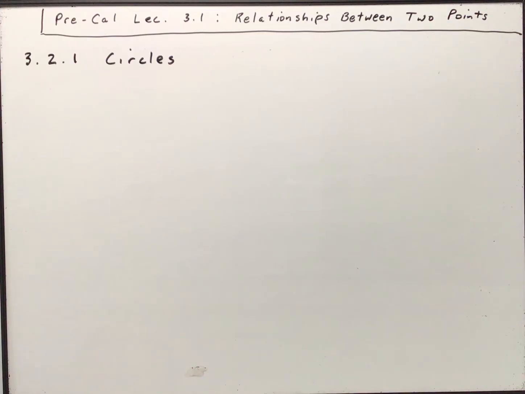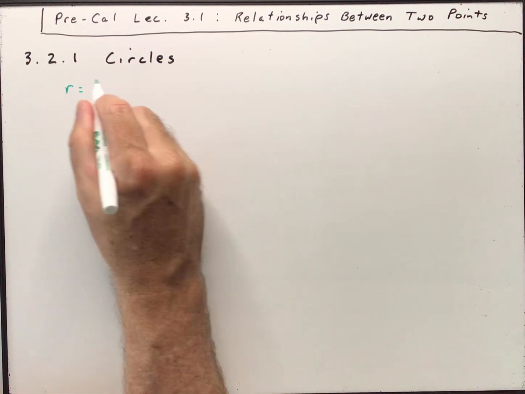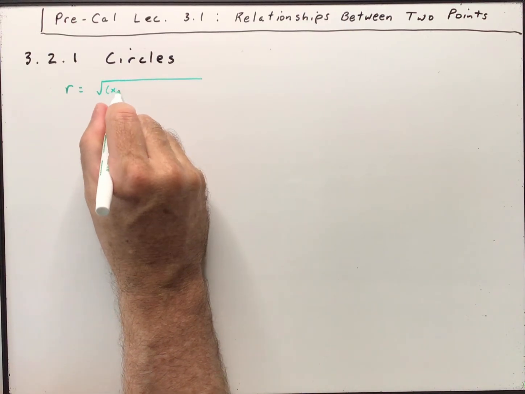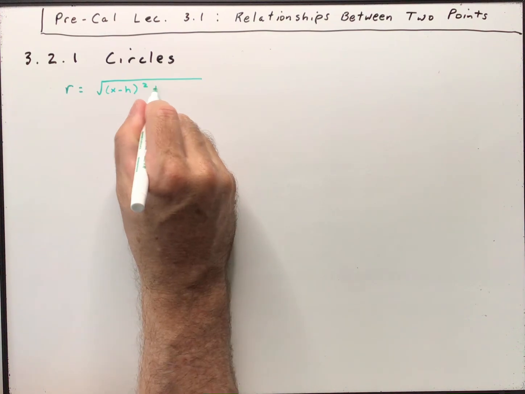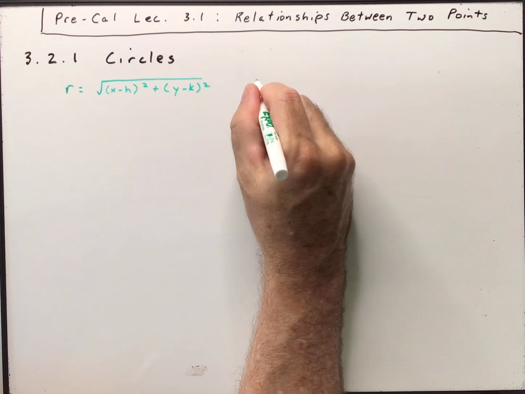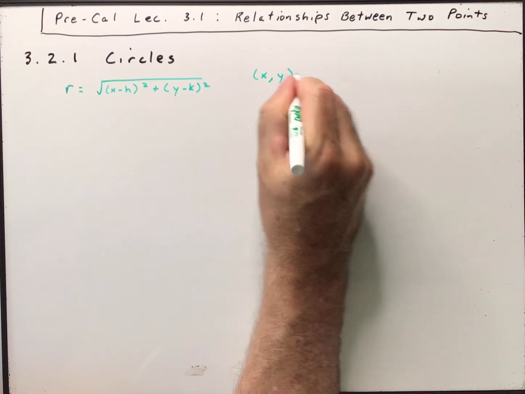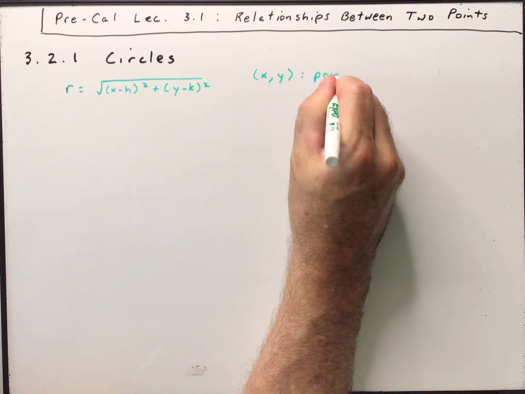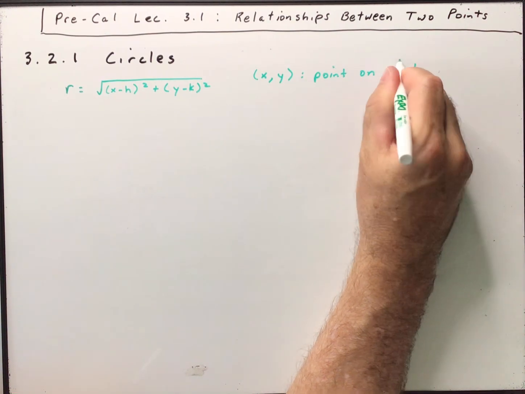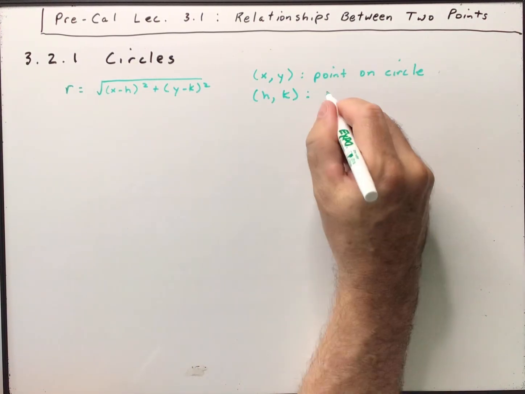Okay, so just to remind you, for a circle, R, the radius, is equal to the square root of x minus h all squared plus y minus k all squared, where xy is a point on the circle and HK is the center.